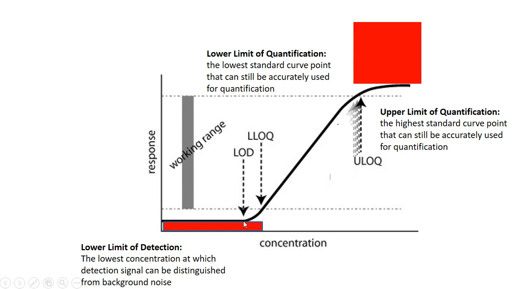And likewise, if you get an absorbance anywhere above here, you cannot use it to quantify the patient sample because it's above the standard curve. Okay, so essentially the region that we can work with is this part of the standard curve. So if you get an absorbance in your sample of here to here, you can rely on your results.